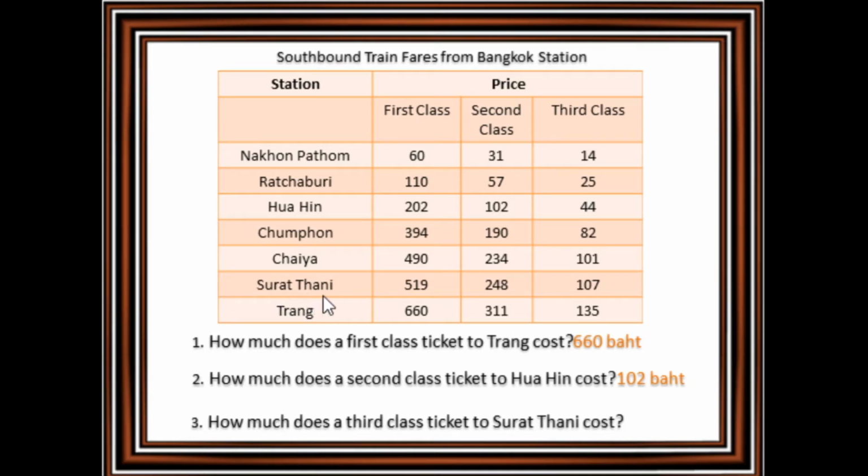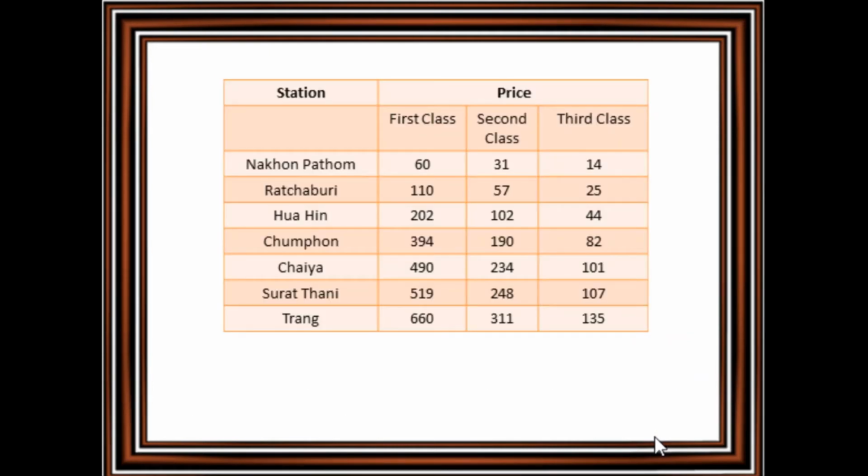So we need to just look at this row and stop at the third class. How much does a third class ticket cost? Very good. It is 107 baht. Let's go to the fourth and the last question.